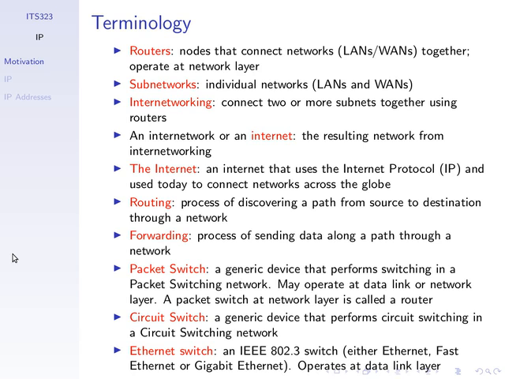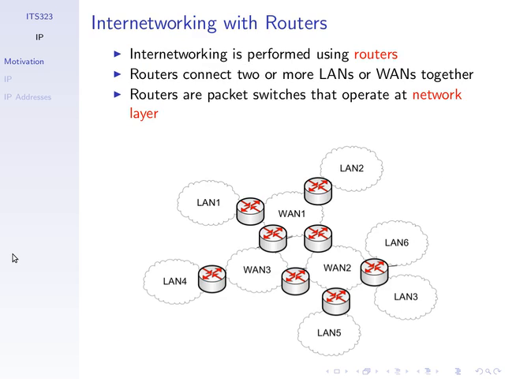So on the next slide, we have subnet networks, which are the individual networks. Internetworking is the concept of connecting those subnets together. An internetwork, or for short, an internet, is the resulting network. So we have one internet here, and we have our 9 subnets that create that internet.